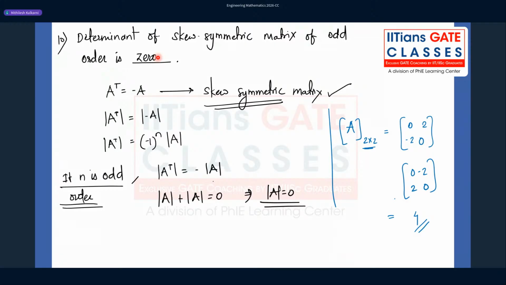Okay, look at this example. This is also a skew symmetric matrix, but the order is even, and it's not 0. Determinant is not 0.